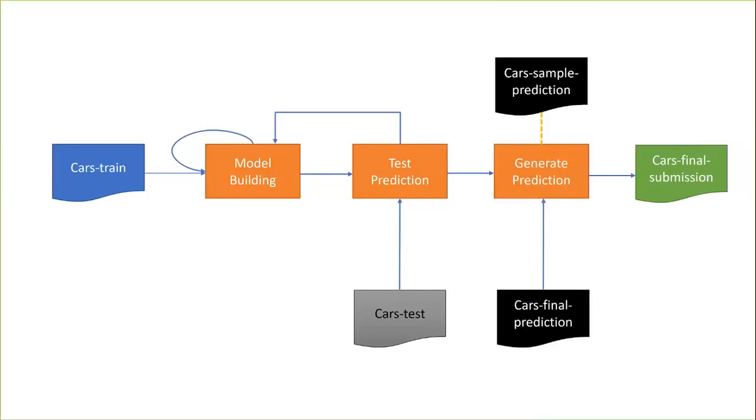The final submission is just the entire data set, all the different cars in the final prediction data set, and for each of those cars you would provide a label. That's going to be your submission file. All these data sets I've been talking about, and what you see on this slide, are CSV files.